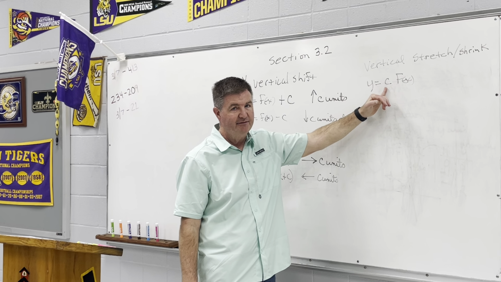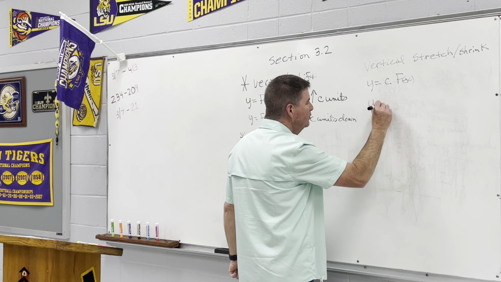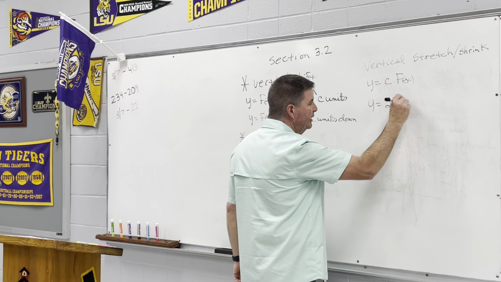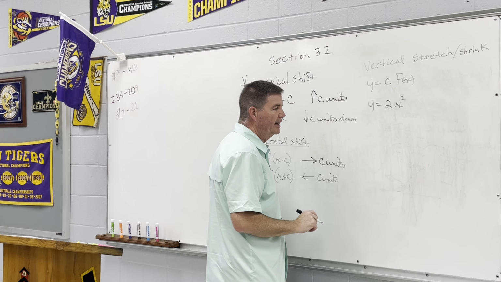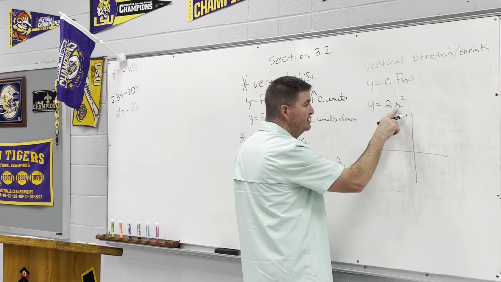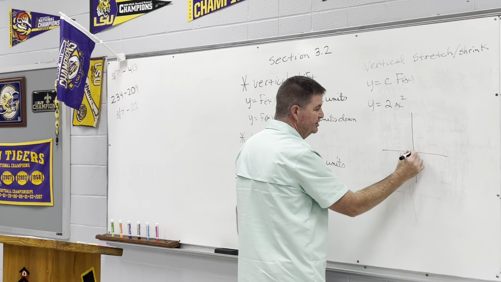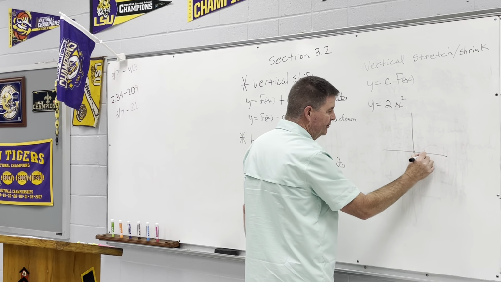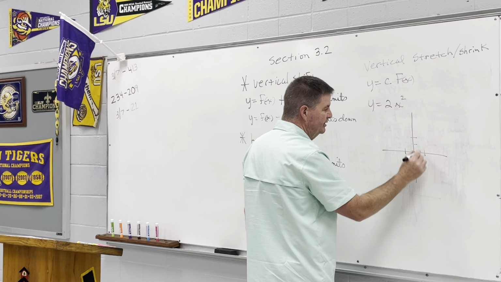An example here might be y equals 2x squared. It would take the function x squared, the parabola, and raise the y values to double their height.